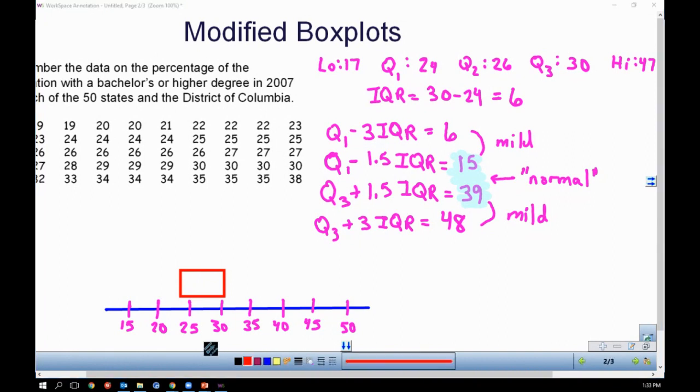Now, where is our median? 26. So we need to draw a line at 26.